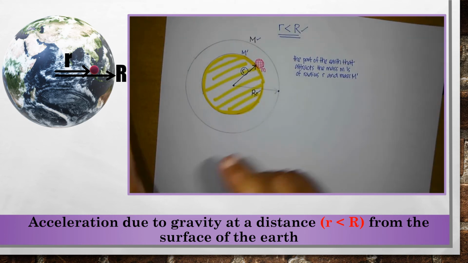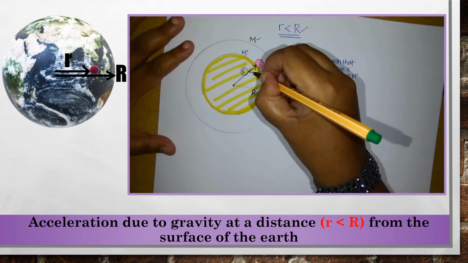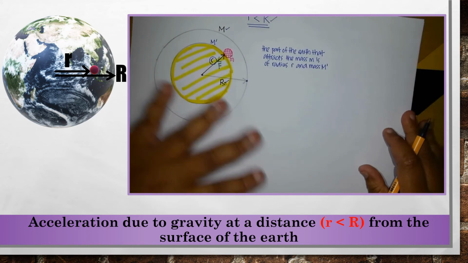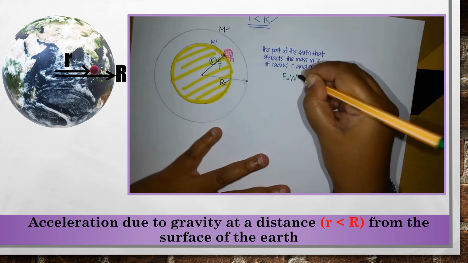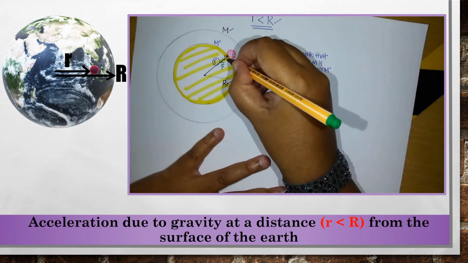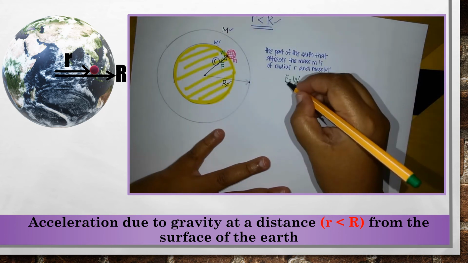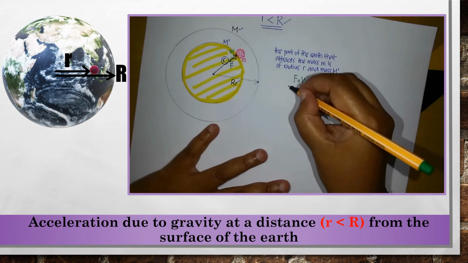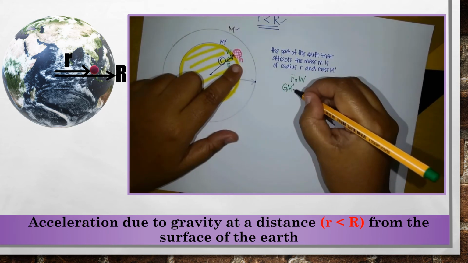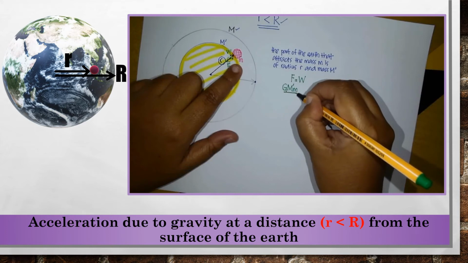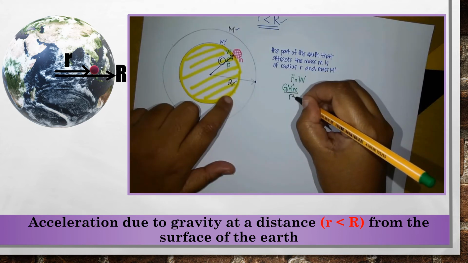The gravitational force F is equal to the weight of the body. So the gravitational force will be G m naught times m over r square.